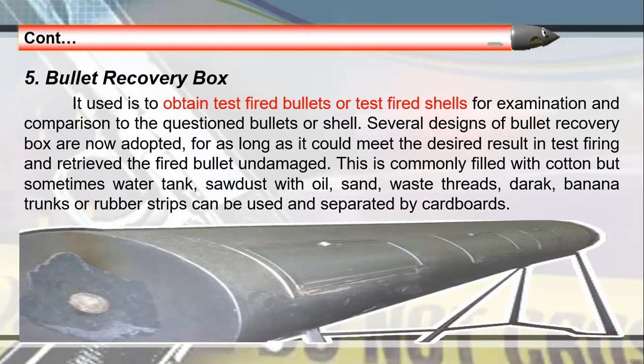Ang bullet recovery box ay usually may lamang cotton, sometimes water tank, sodas with oil, sand, waste threads, darak, banana trunks, or rubber strips. And it is separated by cardboards. Bakit kailangan separated by cardboards? Para makita natin agad yung bullet kung saan pumunta, kung hanggang saan lang siya tumagos dun sa mga cardboard na inilagay natin sa bawat partition.